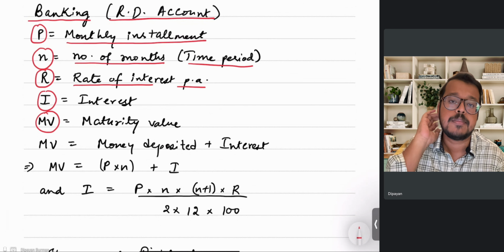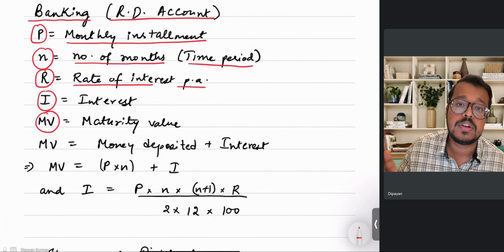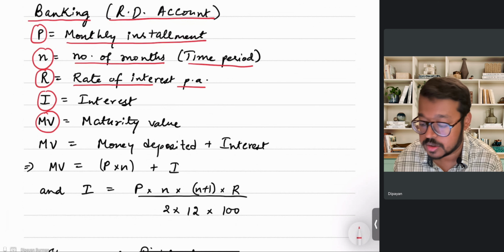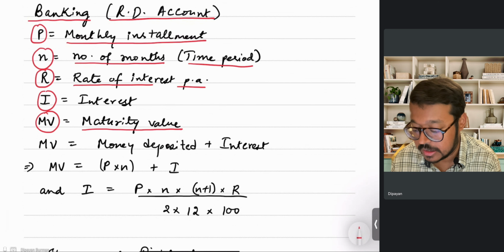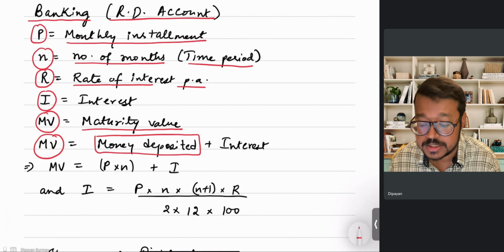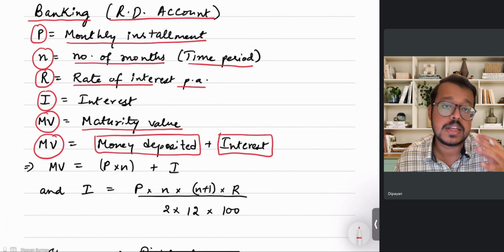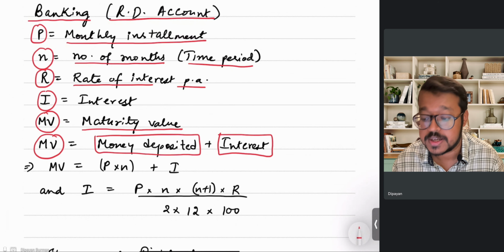So after the time period is over, the person is withdrawing everything and receiving all the amount, that is called the maturity value. So maturity value will be the money deposited by the person over these few months plus the additional interest. So these two, when you add together, give the total value or the maturity value.